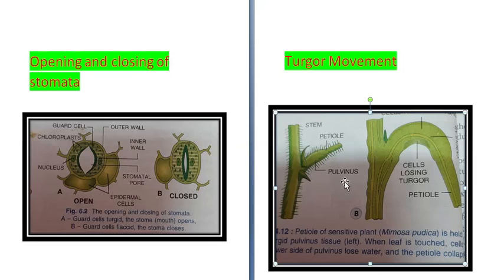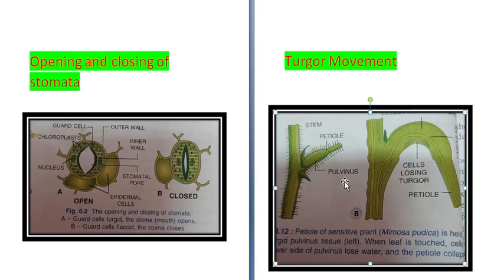Then after the touch is removed, the leaves again recover and they stand erect. So the stimulus of touch leads to loss of turgor at the base of leaflets and at the base of petioles, called pulvinus.